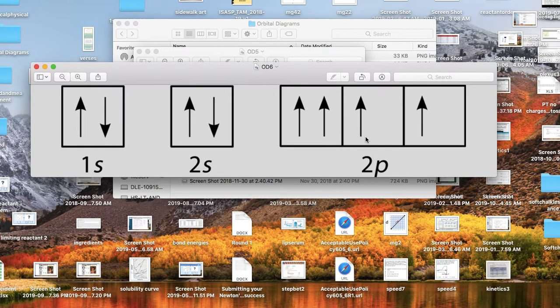So notice 1, 2, 1, 2, 1, 2, 1, 1, but there could be another one that fits in here. So right now, in terms of the amount of electrons, hey, we're good, okay? But opposites attract. So in the movies and in TV shows, when you see people going into those places, they're only going to let people in that are going to get along and mingle. Because if everybody going in is somebody who's shy and doesn't want to talk to anybody and doesn't want to dance, it doesn't work. Okay?